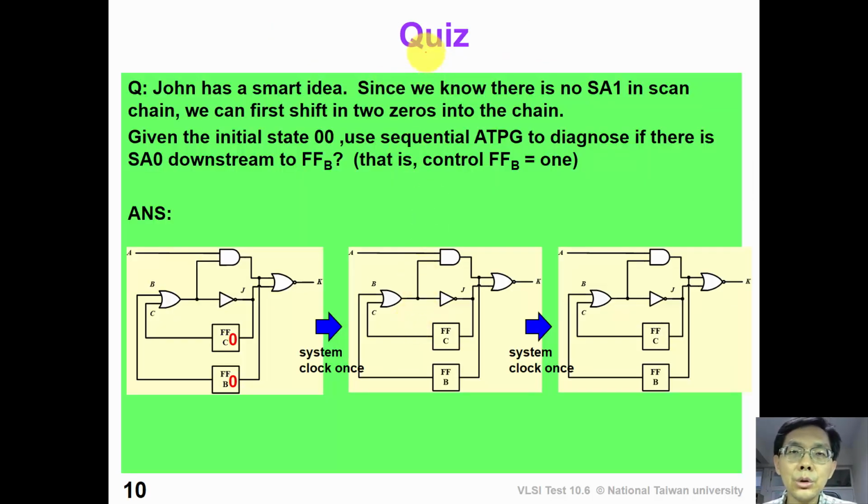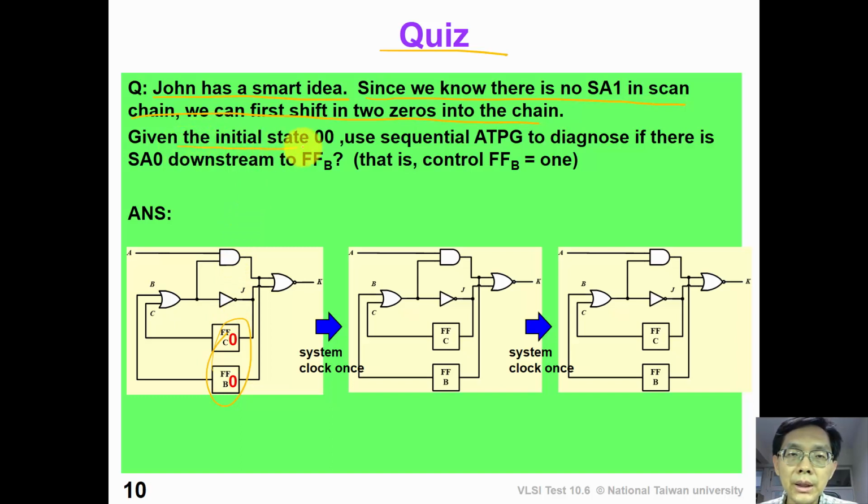Now it's time for you to work on a quiz. John has a very smart idea. He says that since we know there is no stuck-at-1 fault in the scan chain, we can first shift in 2 zeros in the scan chain. So now flip-flop B and C are initially 0.